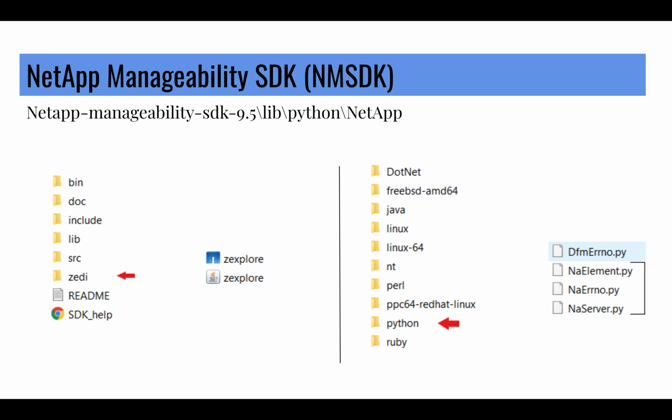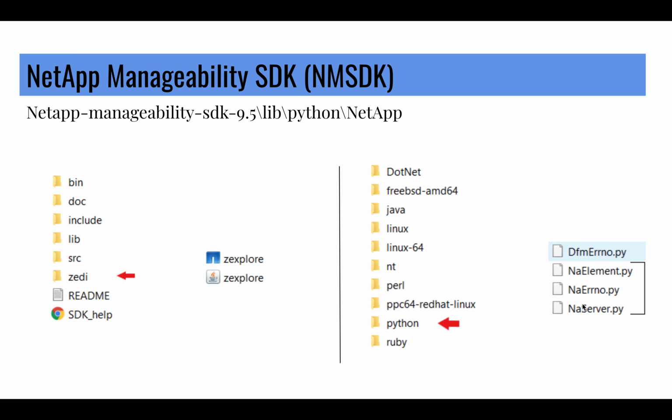So you run the API, you notice how to use that API, and you see what the output of that API would be. So this tool is basically a dry run for any of the NetApp APIs. On the right hand side you can see three different files which are needed for any kind of development.